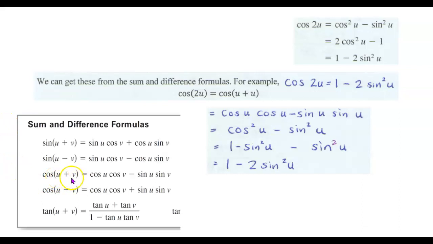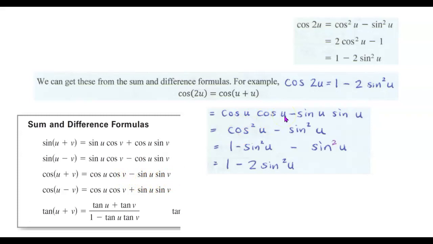The cosine of u plus v, except that the v is just another u. So using that particular sum formula, the cosine of u plus u is equivalent to the cosine of u times the cosine of u minus the sine of u times the sine of u.